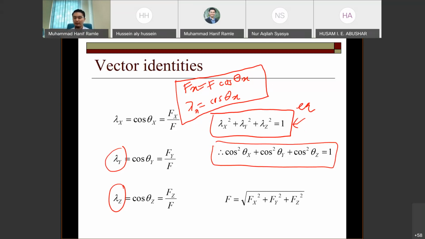I will show this in the slide later. We know that lambda x is equal to cos theta x, so you substitute into the equation and you will get this one. Finally, you know this equation is similar to 2D, it is a resultant.